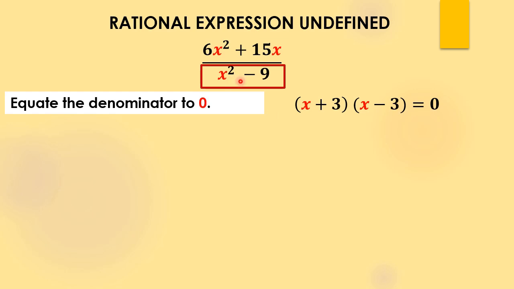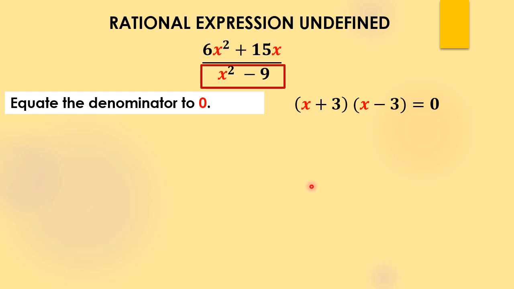Here, x squared minus 9 has two squared terms. The square root of x squared is x, and the square root of 9 is 3. So the factors of x squared minus 9 are x plus 3 and x minus 3. As you can see, we have two factors.